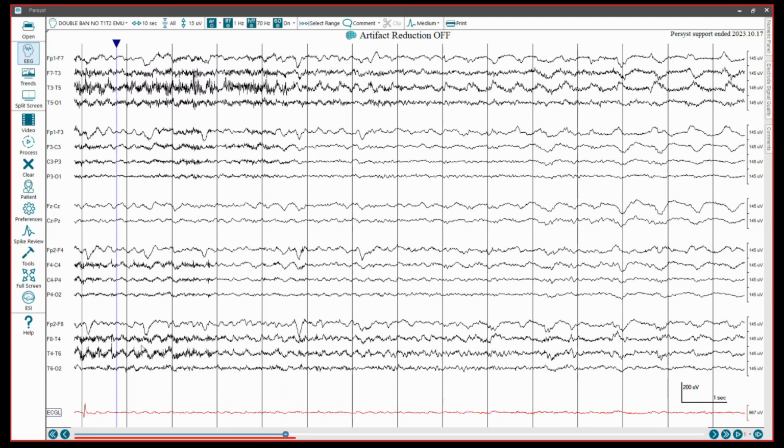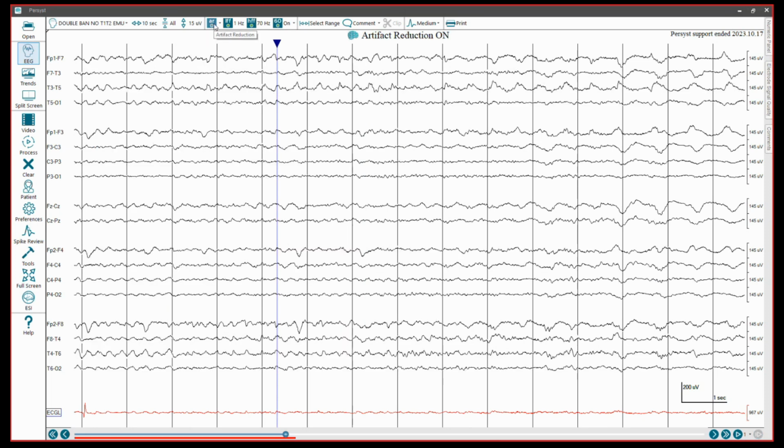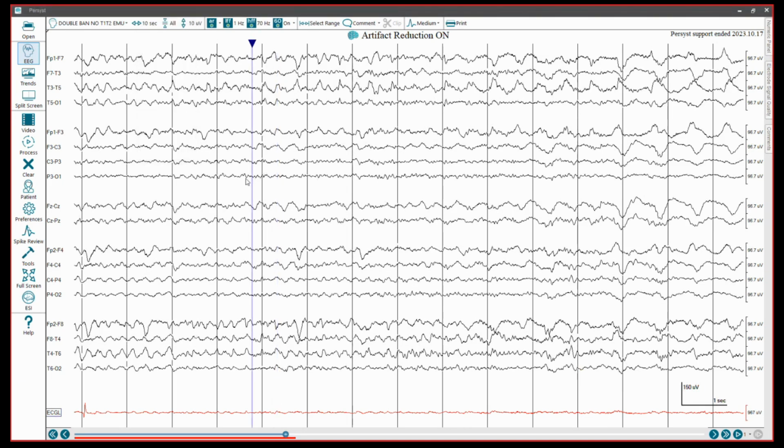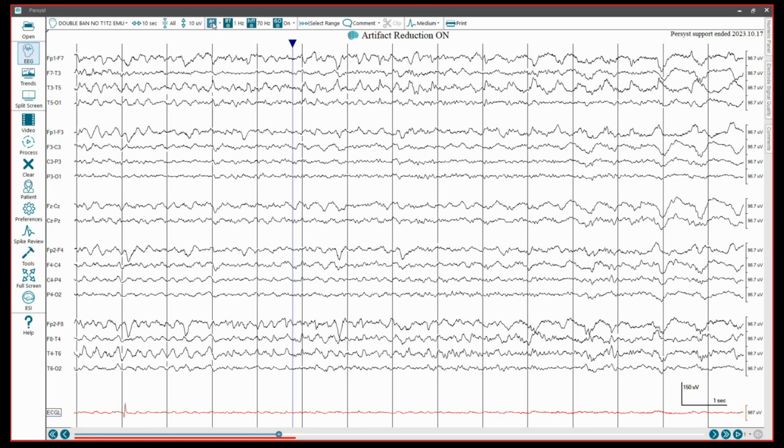So let's turn that artifact reduction on for a minute. I'm going to change the sensitivity. And so this artifact reduction is just an algorithm that Persist created to almost excise just the EMG artifact. And the idea is it does not affect any authentic cortical activities such as spikes, which are around the same frequency.